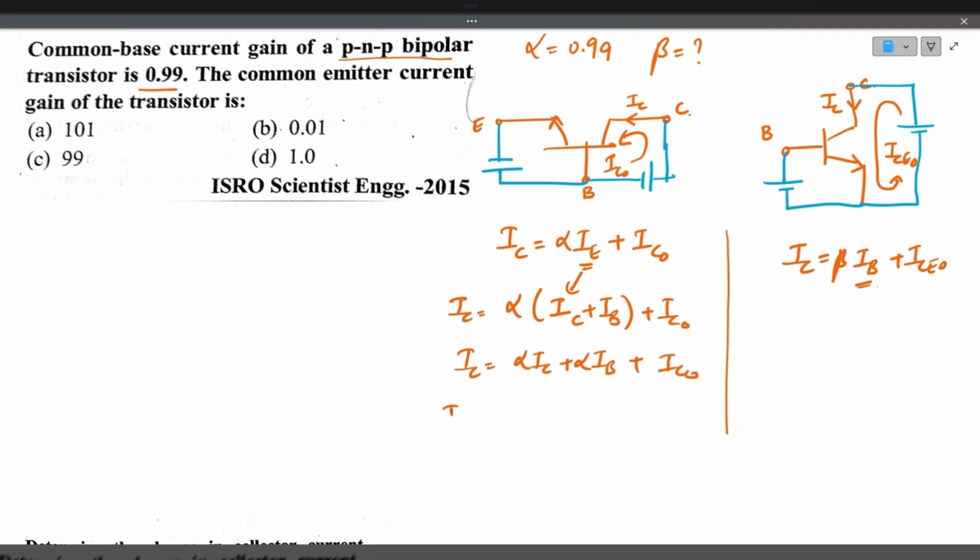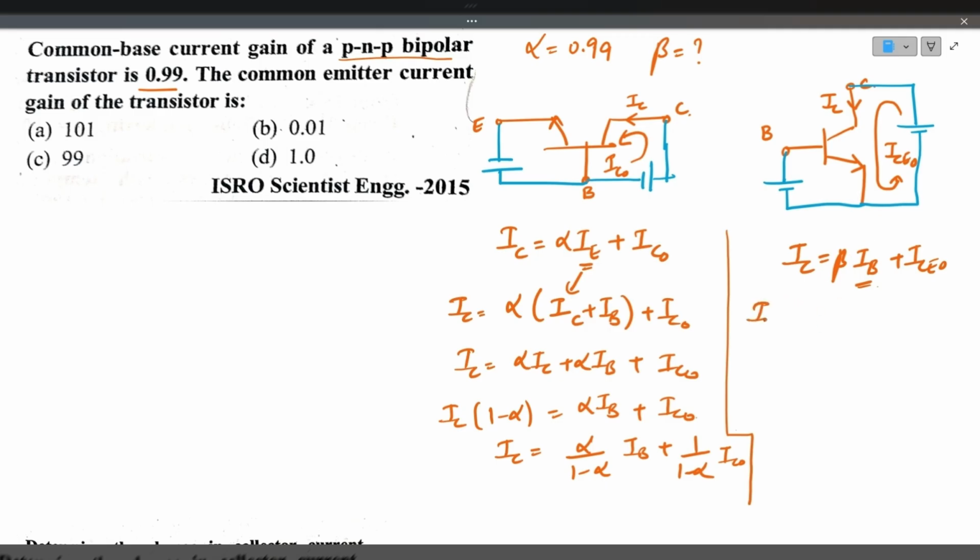If you take IC common, IC times (1 minus alpha) is equal to alpha IB plus IC naught. So the overall collector current IC is equal to alpha divided by 1 minus alpha times IB plus 1 by 1 minus alpha times IC naught. This is the equation in terms of alpha.